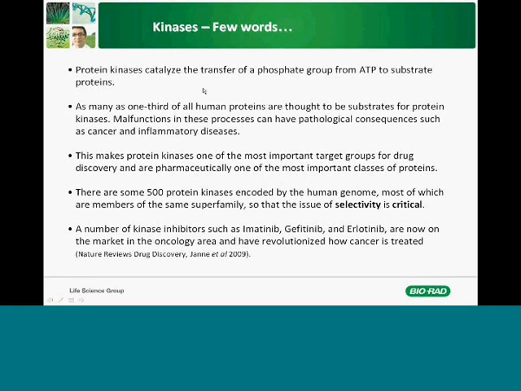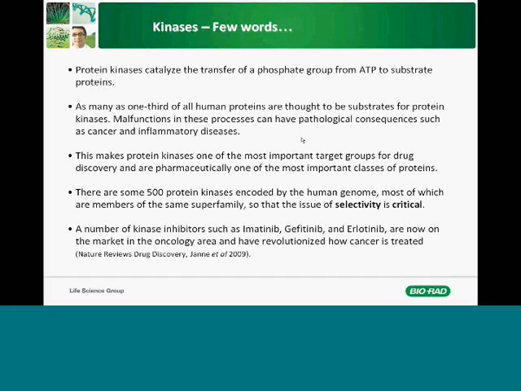So kinases catalyze the transfer of a phosphate group onto proteins. Those proteins are the substrates of those kinases. And many proteins, about 1/3 of all human proteins, are thought to be substrates of these kinases.